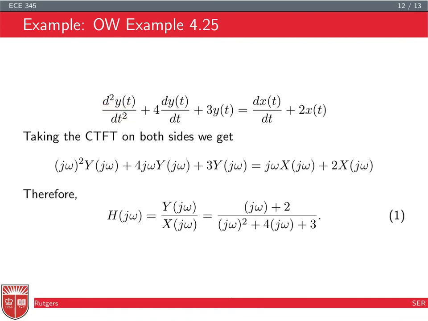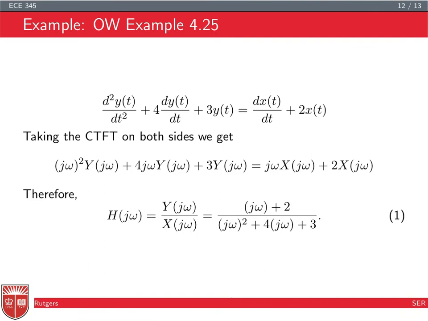So this is going to be equal to (j omega) squared Y of j omega, because we did the derivative twice, plus 4 j omega Y of j omega, plus 3 Y of j omega. And here we did the derivative once, so we multiply by j omega times X of j omega plus 2 X of j omega. Now, when we put everything together, we get the transfer function of the system, which is (j omega plus 2) divided by ((j omega) squared plus 4 j omega plus 3).